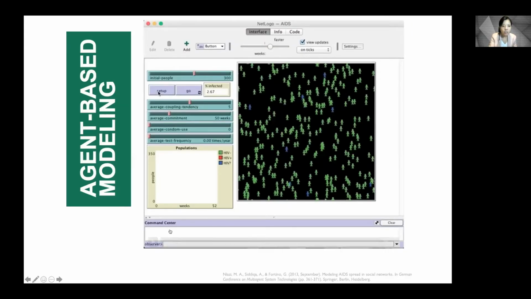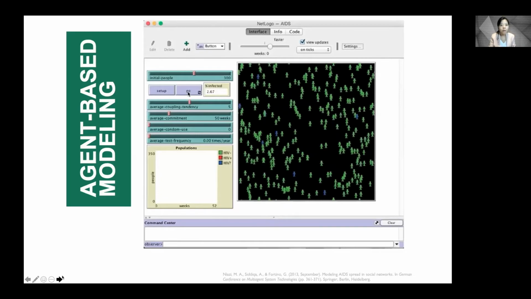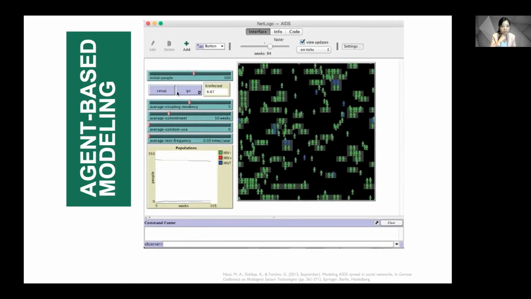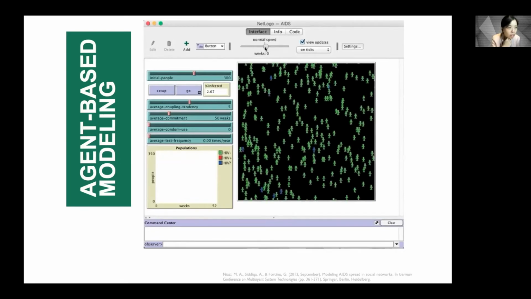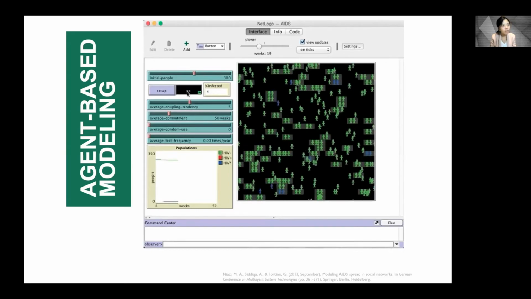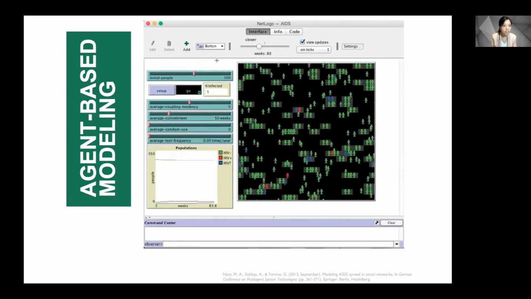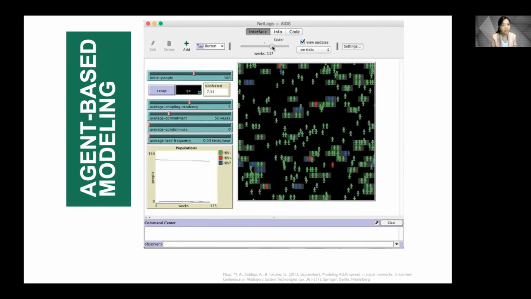This is an illustration of how one can use agent-based modeling. So the green ones are the HIV negative. Red ones are those who are HIV positive, and the blue ones are those undefined.